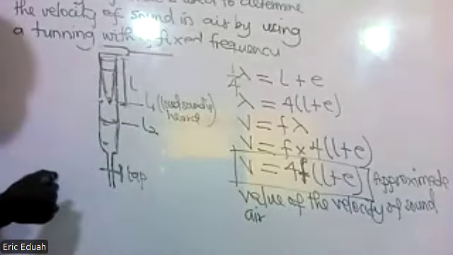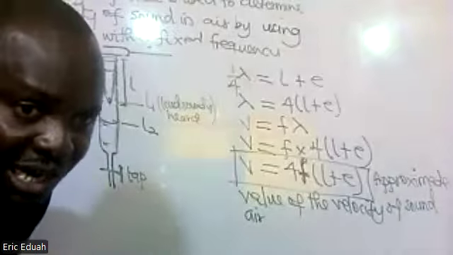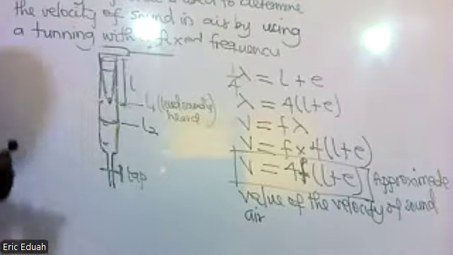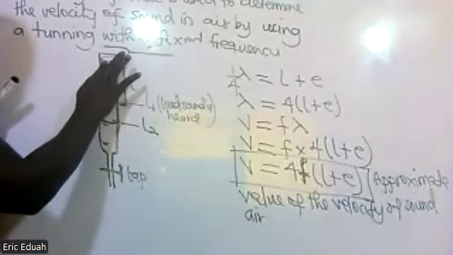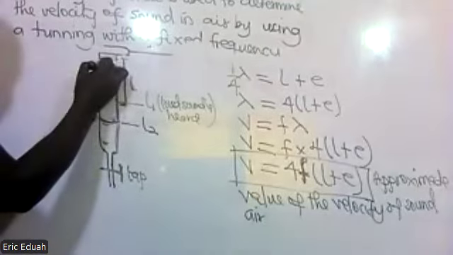This L2 also corresponds to the second resonant position, or second possible stationary wave, whose notes under a closed pipe is like this.